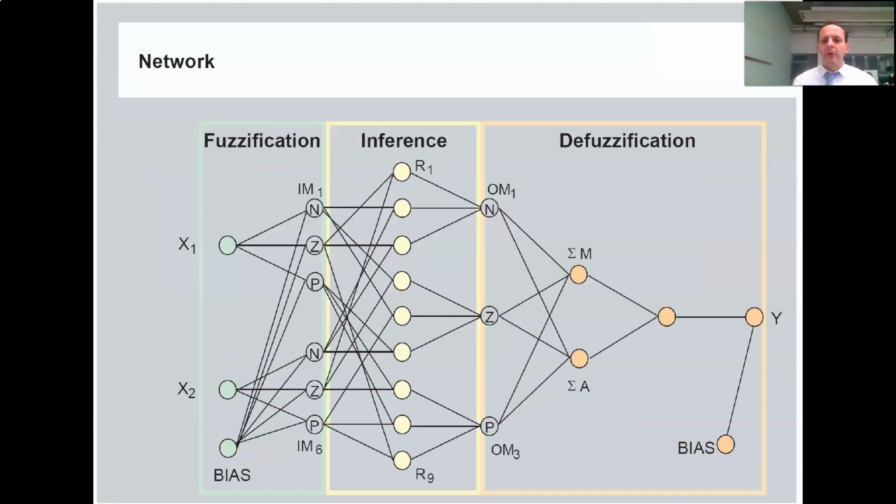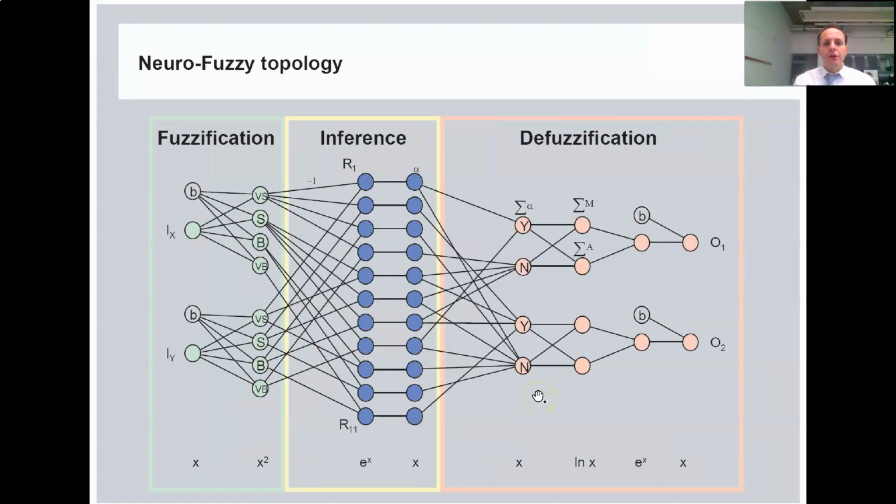And then the complete system can be represented as an integrated neurofuzzy system, because you have a fuzzification, an inference, and a defuzzification of your inputs, with a structure which is very close to a neural network structure. So we have a topology which is represented as a neurofuzzy system.